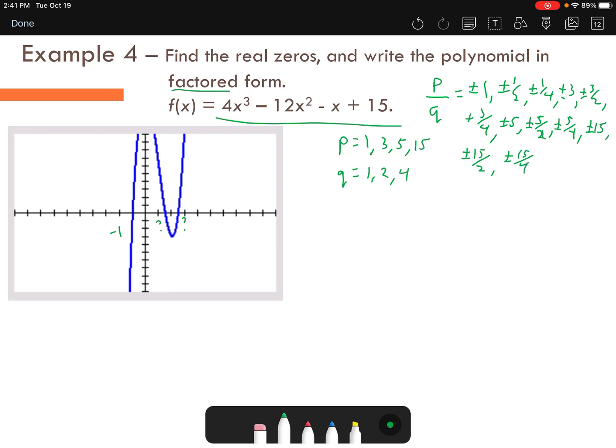So we have a lot of options. Notice -1 is in our possibilities. So should we try it? We might as well. Got nothing to lose.